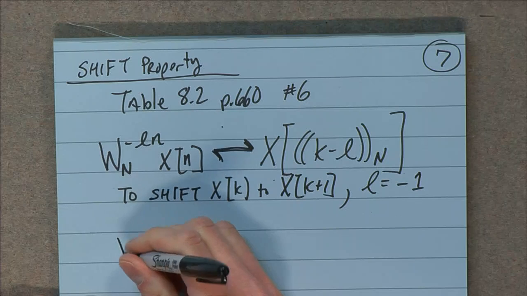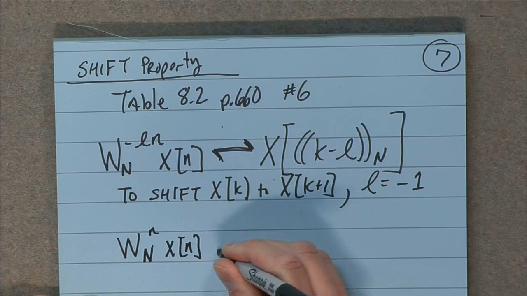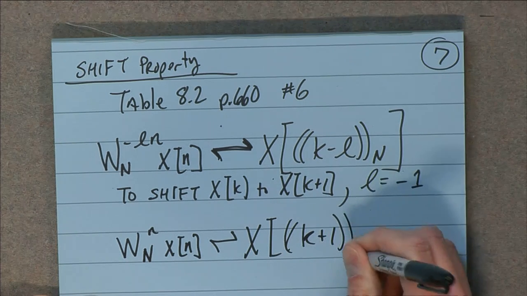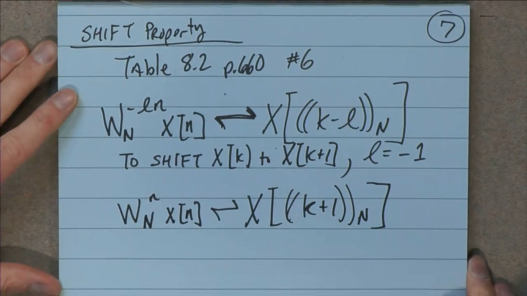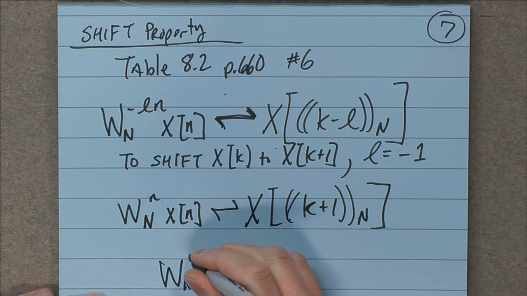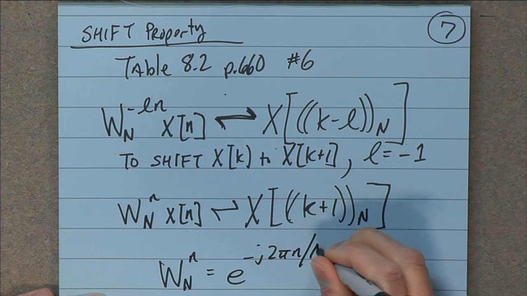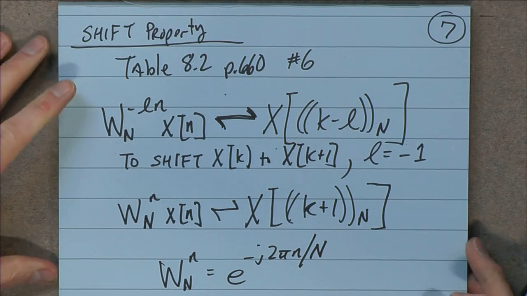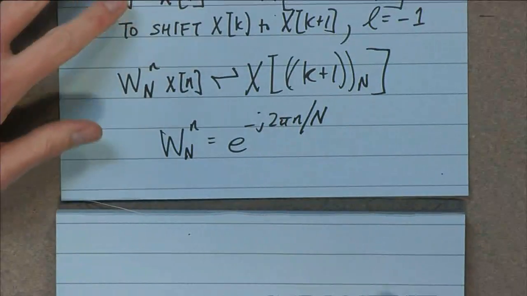If we feed that in, that tells us that W_N to the n, x of n, is going to give us X of k plus 1 modulo N. And the good news is this W_N, as a reminder, is e to the minus j 2 pi n over capital N. So let's put it all together.